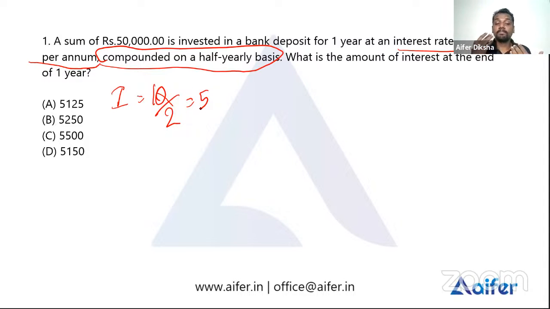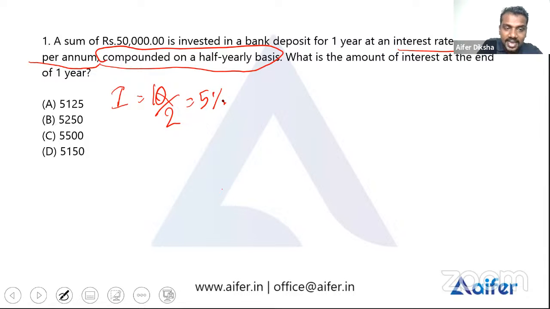What is the reason why we divide 10 by 2? The reason is simple. It's given that 10% per annum is the rate of interest and it is compounded on a half yearly basis. So 10% per annum is the interest you will be getting, but it will be calculated on a half yearly basis. So for a half year, if the yearly interest is 10%, it will be 10 by 2. So the interest is 5%.